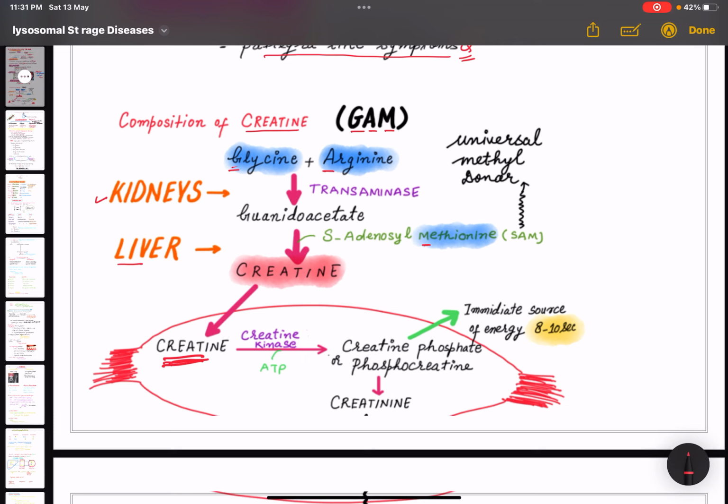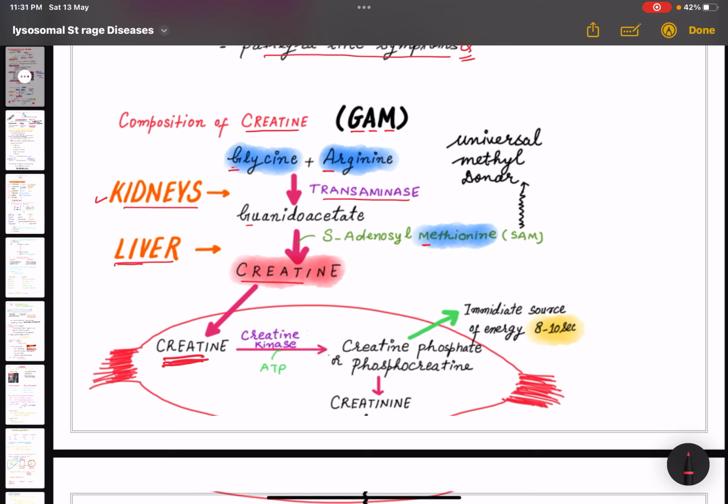Let's see the complete reaction. Once glycine and arginine combine in the kidneys with the help of an enzyme known as transamidinase, there is formation of guanidoacetate. This guanidoacetate enters the liver where it gets converted into creatine.